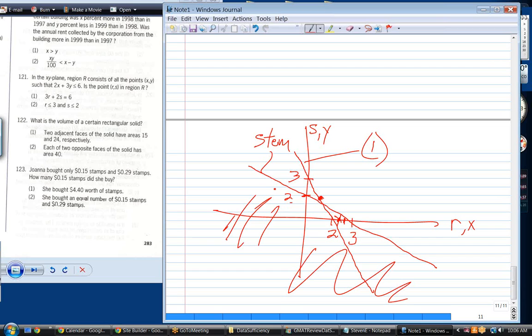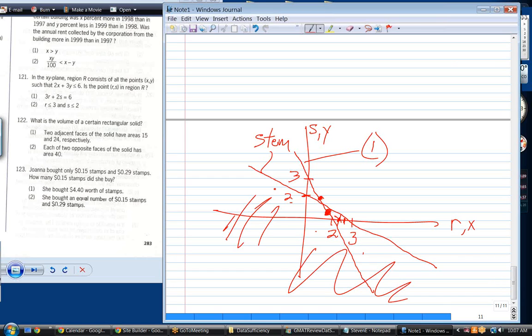R is less than 3, S is less than 2, and I'm on that line. Well, this point here, same conditions: R is less than 3, S is less than 2, I'm on that line, but I'm on the opposite side. So neither.